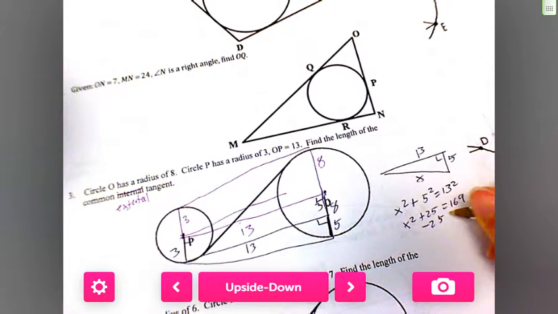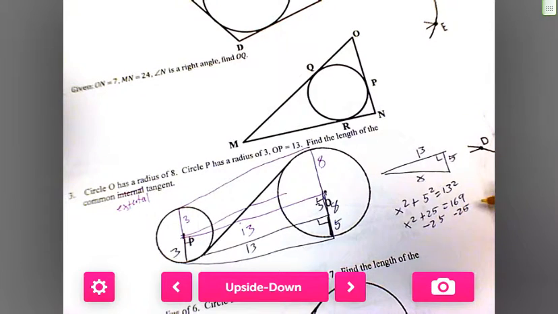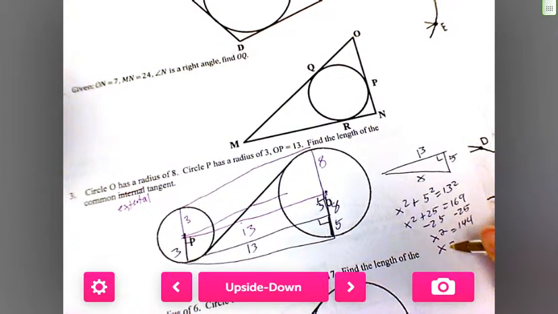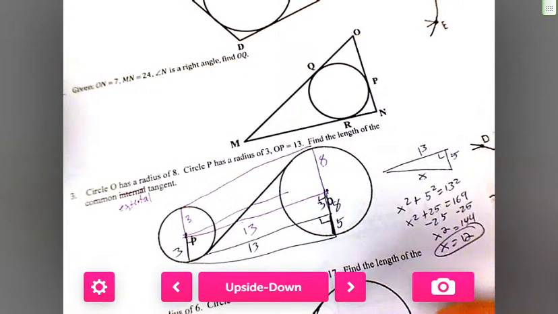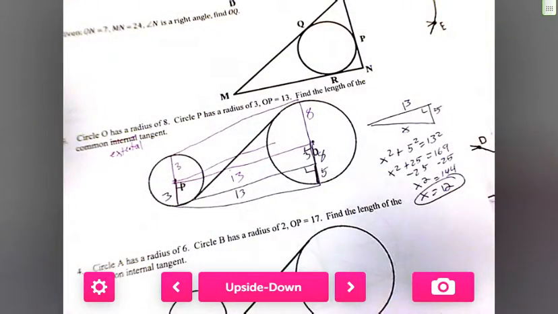Subtract 25 from both sides. x squared equals 144. And so x equals 12. So basically you're figuring out where that right triangle is. Almost all of this you have to use the Pythagorean theorem to get.